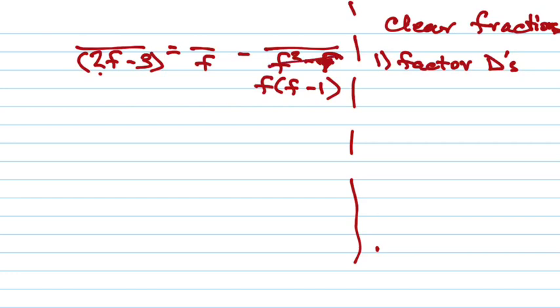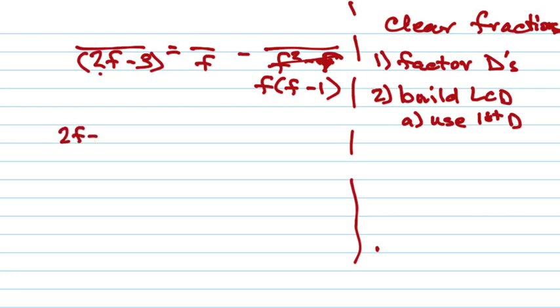And now I can use all those pieces to build my least common denominator. So build your LCD. I'm not sure how you learned this, but what I always do is first just use the first denominator, period, whole. So it's 2f minus 3.